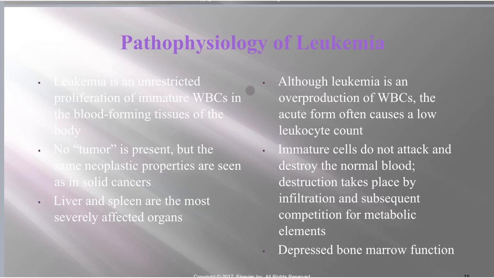So these leukemia cells, these immature white blood cells, then overtake, not overtake, but they are stealing away what the healthy white blood cells need, and therefore the healthy white cells don't get the nutrition and everything they need to live, and they die off, and that allows the leukemic cells to live.